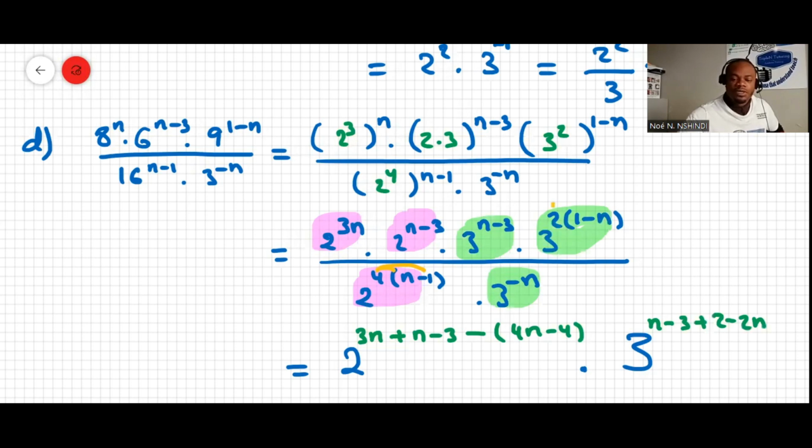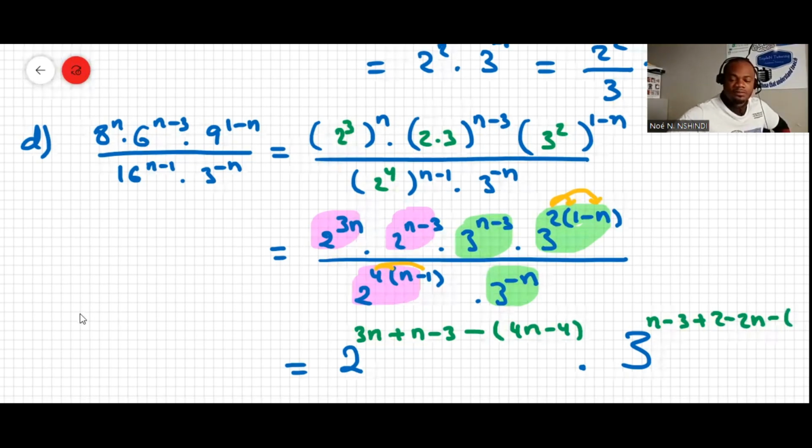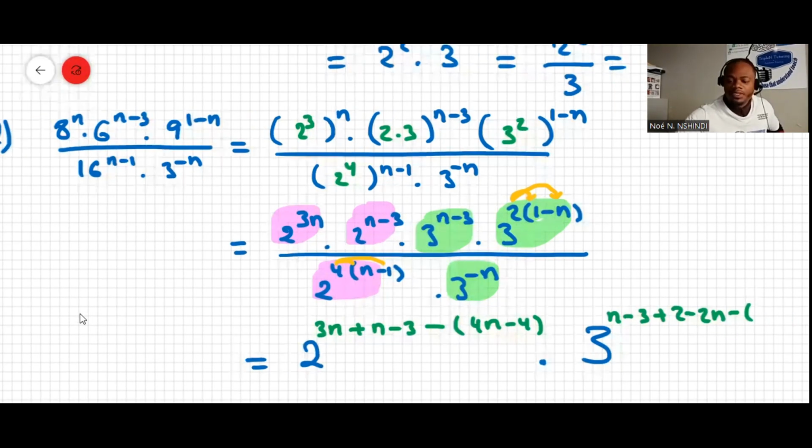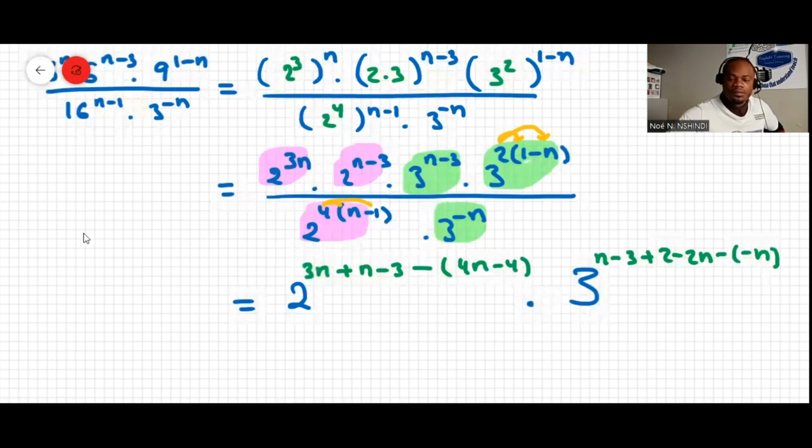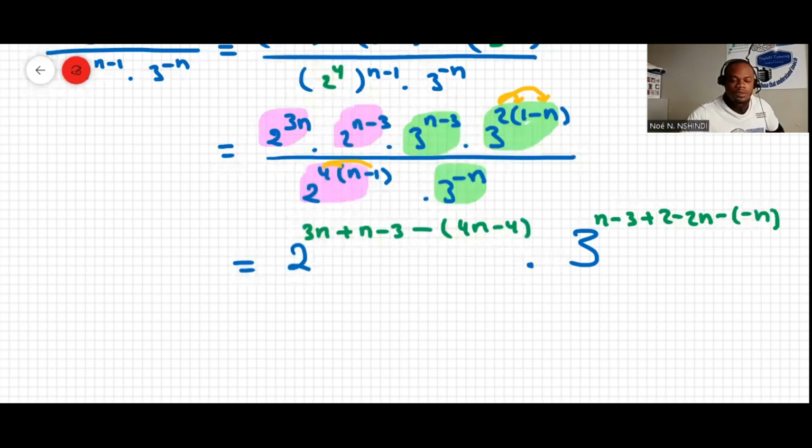We do 2 times 1 and 2 times negative n, 2 minus 2n, and then minus negative n, using brackets. Over here we can write 2 to the power of 3n plus n makes 4n, 4n minus 3 minus 4n plus 4.